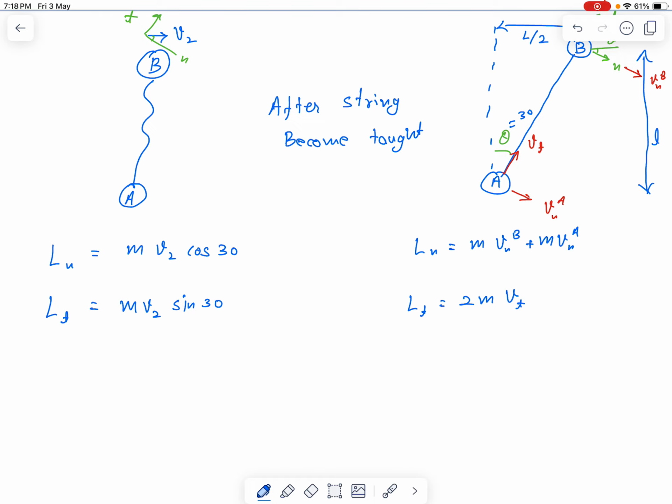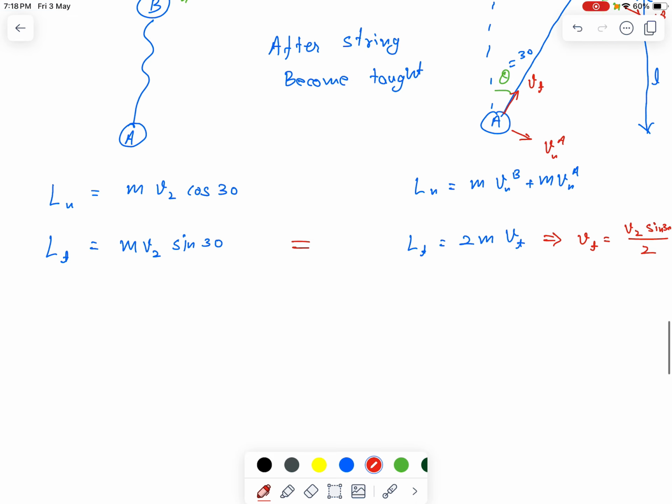When you equate these two, this will give you Vt is equal to V2 sine 30 by 2. Similarly, this will give you V2 cos 30 is equal to VNB plus VNA.